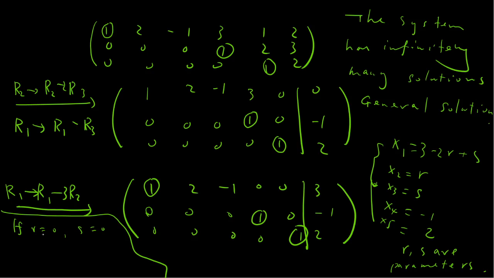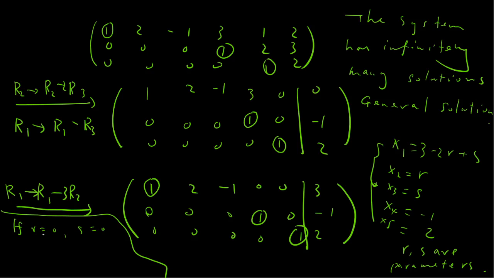Sir, when choosing R and S, are we allowed to go like 1 and 3? It's okay. It's still a different solution. As long as one of the unknown values is different, then it's a different solution. Okay, I think x1 is 2, x2 is 1, x3 is 1, I guess.